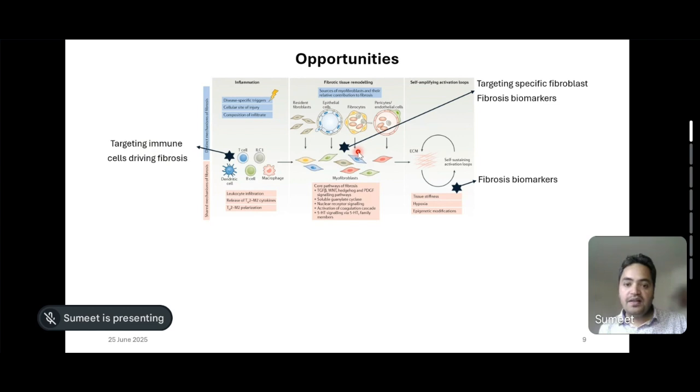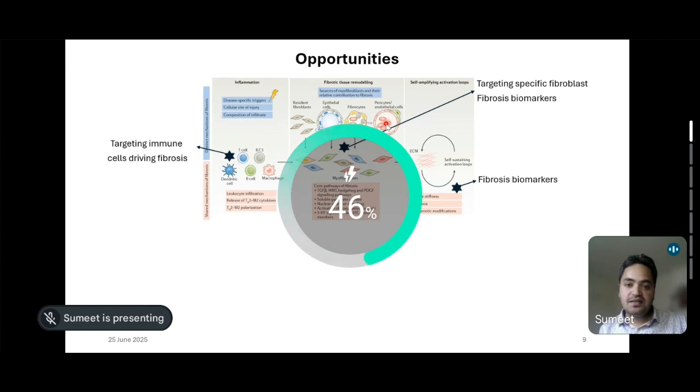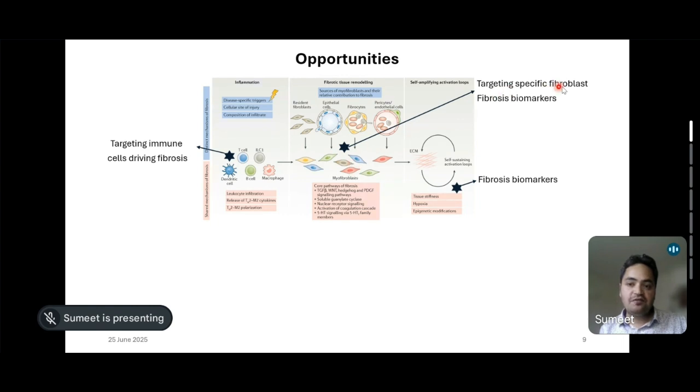If we know there are specific fibrocytes or pericytes, endothelial cells or epithelial cells which result in myofibroblast formation, then one can think of targeting a specific fibroblast population. And we can also use this as a fibrosis biomarker, because if we know from the cell type markers which cells result in myofibroblast formation, we can target specific cells without touching some of the normal cells. The third thing one can do is the fibrosis biomarker, which is at the end stage.